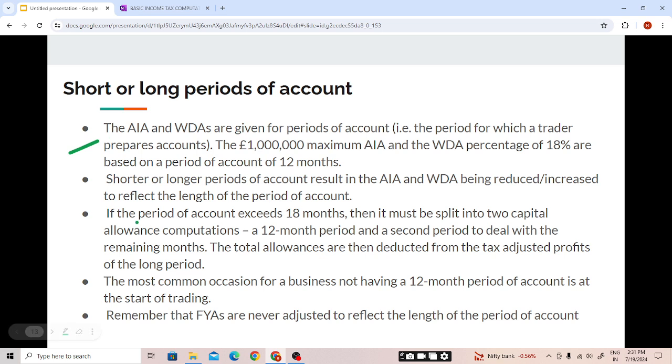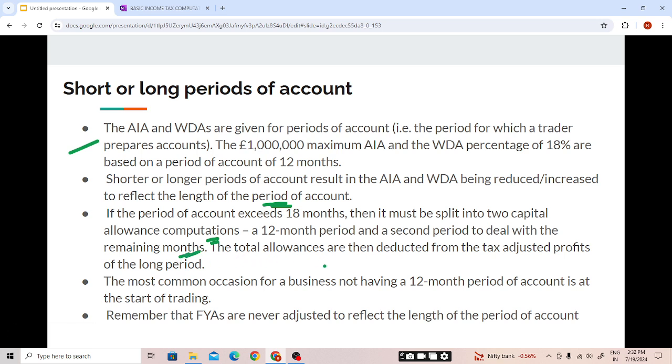The first point: short or long period of accounts result in the AIA and WDA being reduced or increased to reflect the length of the period of accounts. If the period of account exceeds 18 months, then it must be split into two capital allowance computations, a 12-month period and a second period to deal with the remaining months.